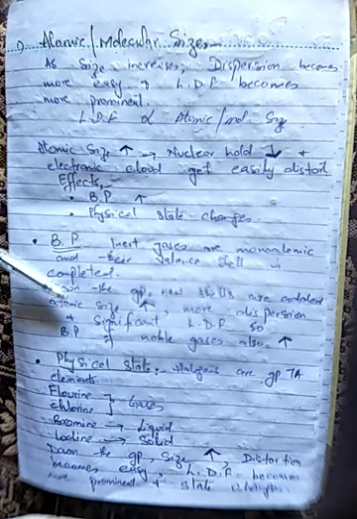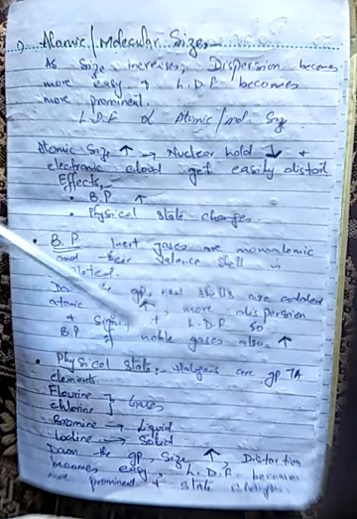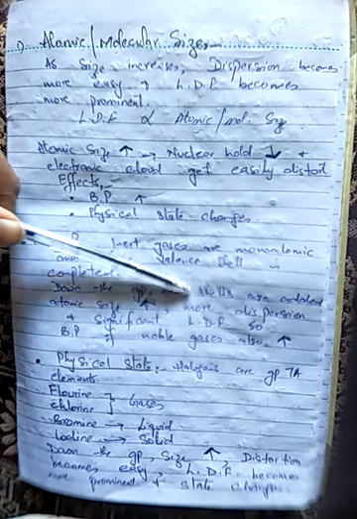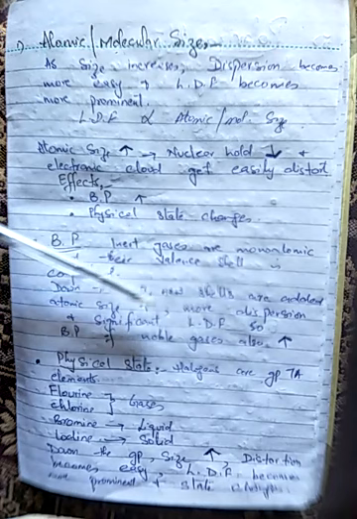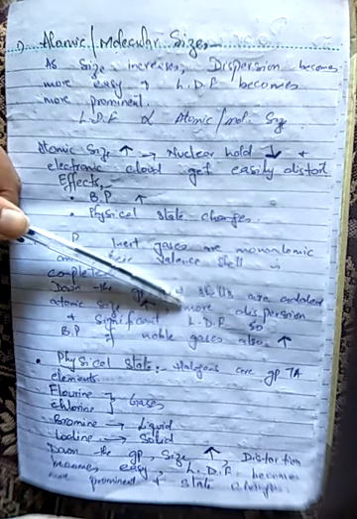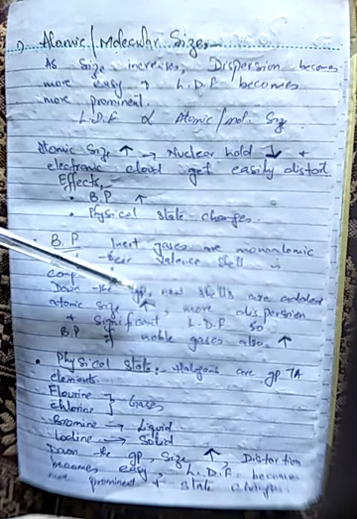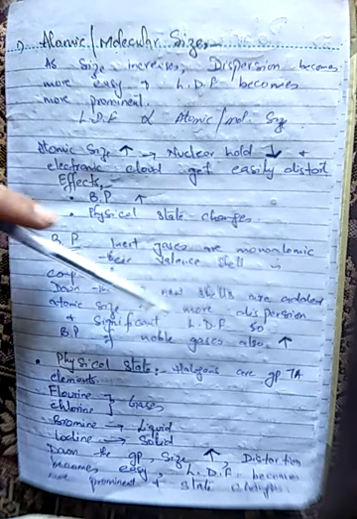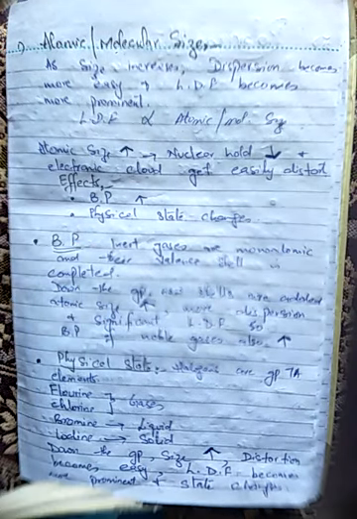Down the group, due to the increase of atomic size, dispersion becomes easier. As a result, London dispersion forces become more significant, and because of that, boiling point increases. This can be understood from the values in your book.